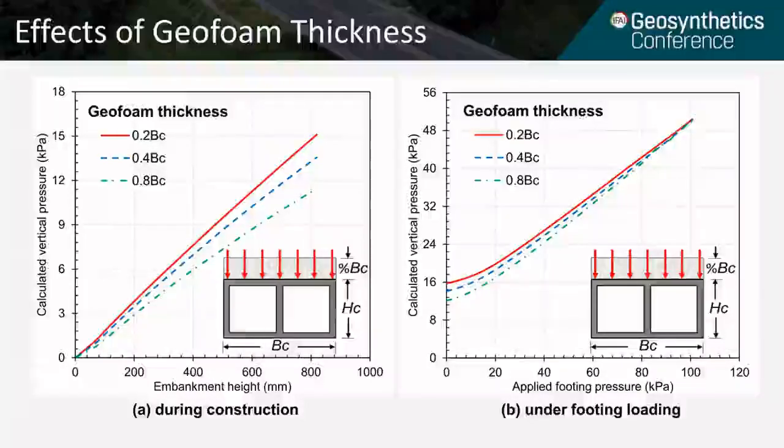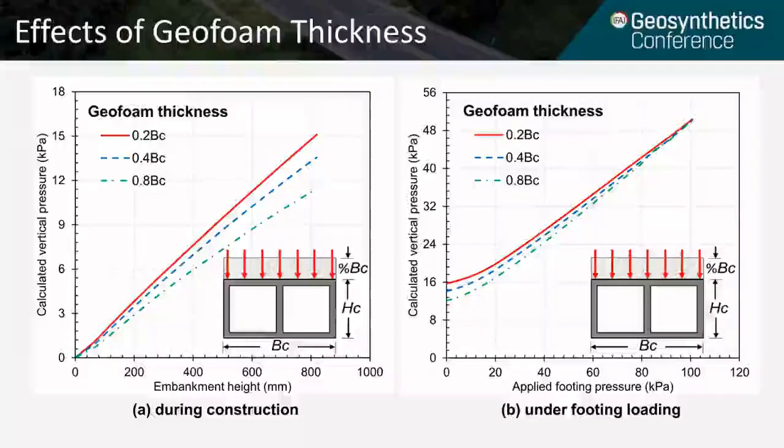However, on the right side of the slide, as the applied footing pressure increased from 0 to about 100 kPa, at the start we see some difference between the pressures on the culvert, but as the applied footing pressure increases, the lines almost come together, and they meet at 100 kPa.